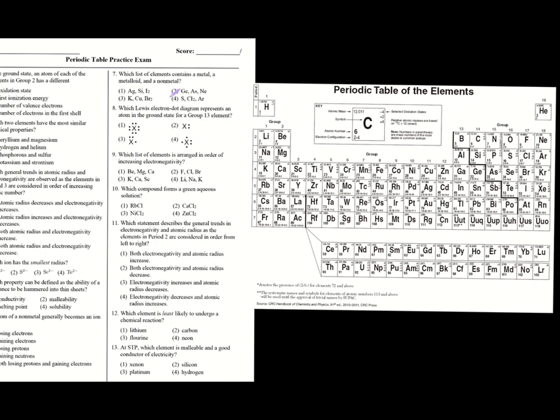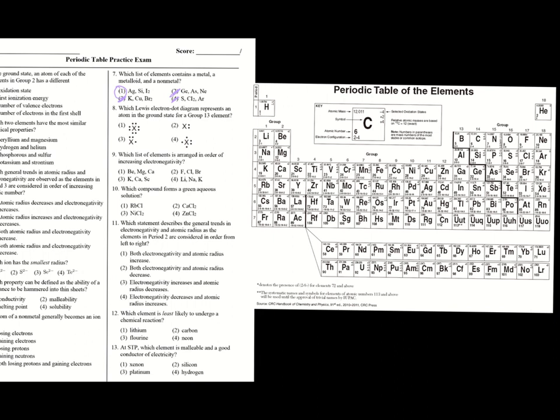Choice 3, there's potassium, copper, and bromine. We have 2 metals there, so that's not valid. Potassium and copper are the 2 metals there. And choice 4, we have sulfur, chlorine, and argon. Those are all non-metals. Just to verify that choice 1 is correct, we have silver, the metal, silicon, the metalloid, and iodine, the non-metal. There we go. That's why it's the answer.